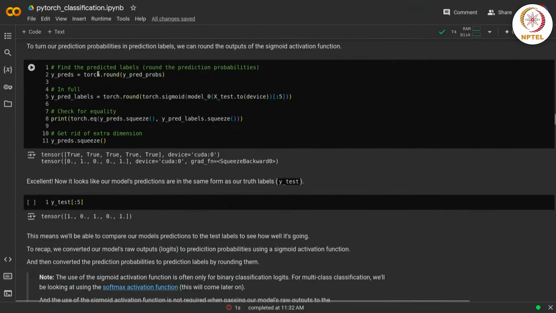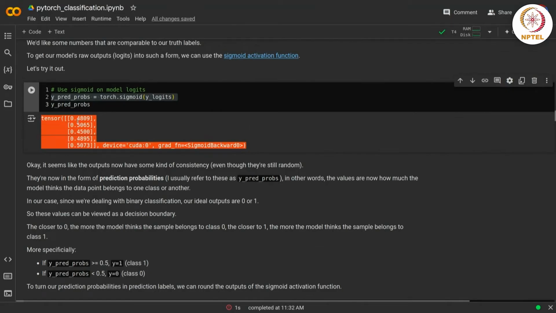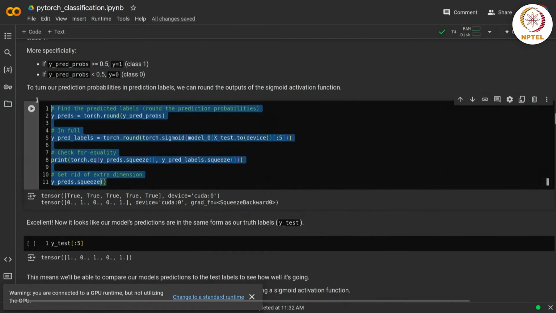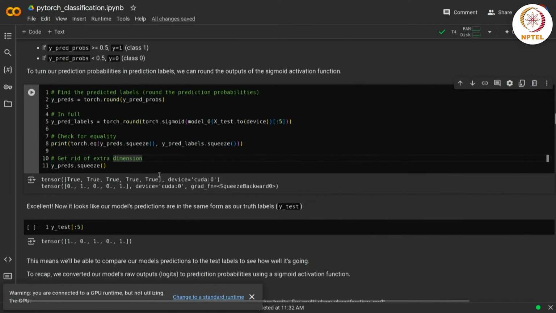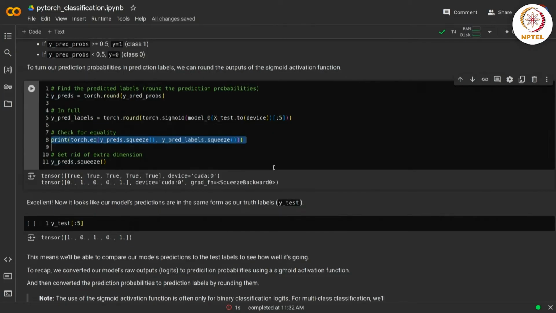Right? So now that you have converted the logits into, let's say, sigmoid outputs or probabilities, you can then use this syntax to convert them into class 0 or 1. And essentially what is getting printed here is whether the prediction and prediction labels are the same or not.